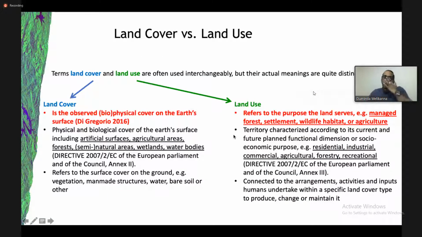Okay. And prior to going a little bit further, just to clarify, you use land cover, land use. What are the terms? Land cover is the actual cover of the land, earth surface, water, forest, soil. Land use is the purpose the land is being used for.